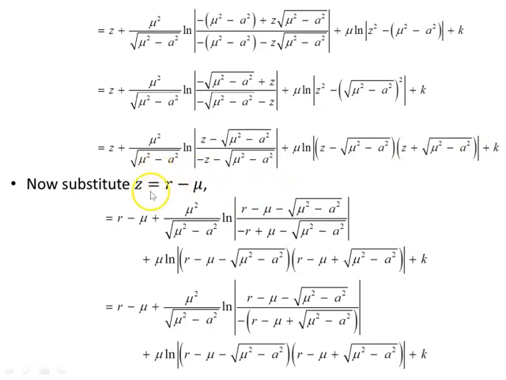Now we're going to substitute z is r minus mu. So everywhere the z is here, we're going to put r minus mu. So here, r minus mu for that z. And then r minus mu in here, minus r plus mu as a result of that. r minus mu minus all that. Okay, and there plus k.